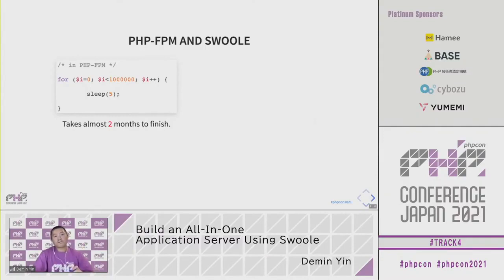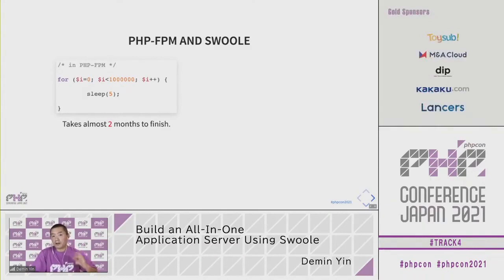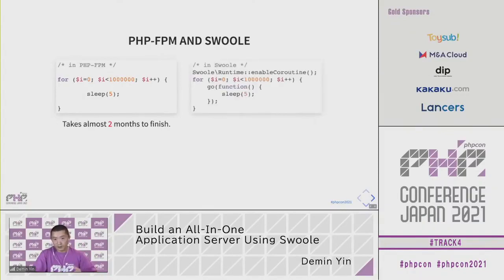Now, if we rewrite the same piece of code using Swoole, we need to modify it a little bit to make all those blocking IO operations work in non-blocking mode, or asynchronously. Let's see what will happen. Here is the Swoole version of the same script.